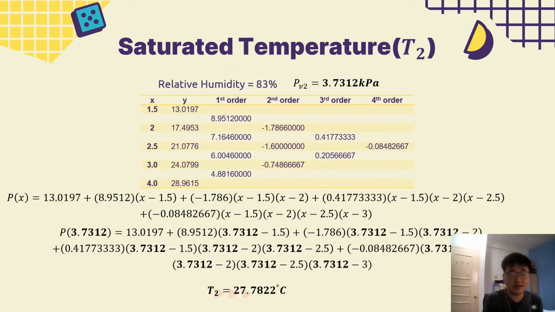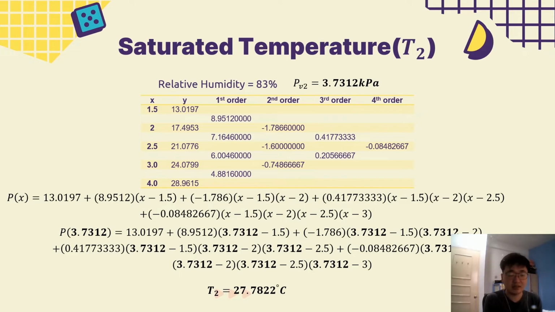Okay, next we will find the saturated temperature T2 when the relative humidity is 83%. When the relative humidity is 83%, PV2 is 3.7312 kilopascal. We use the same method: we construct the table to find the first order, second order, third order, and fourth order, then we put the values inside the table.